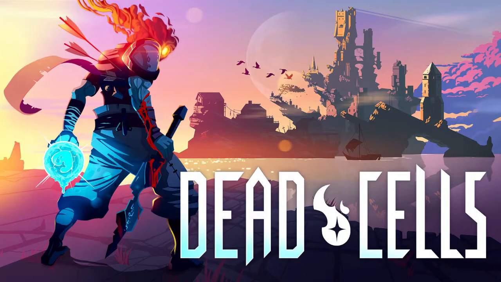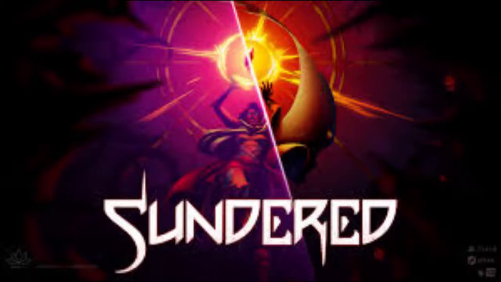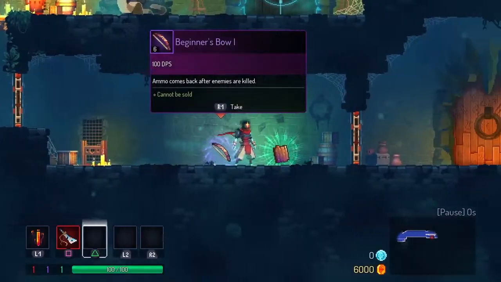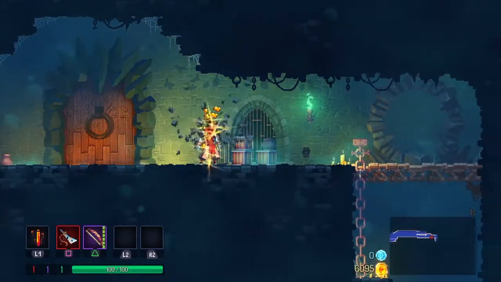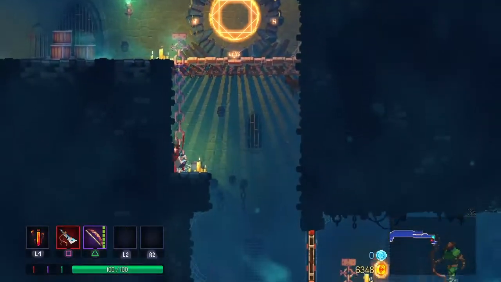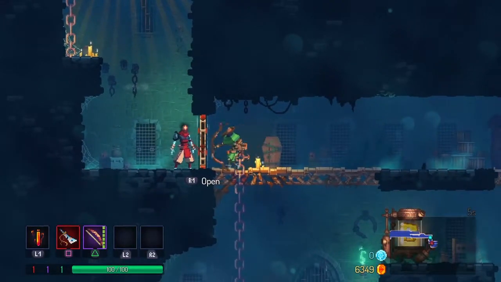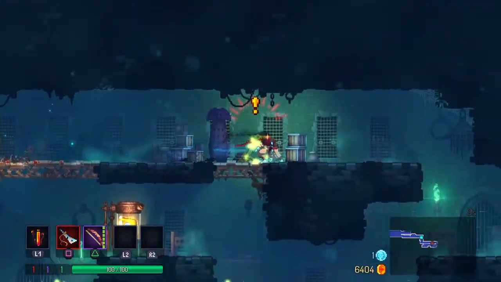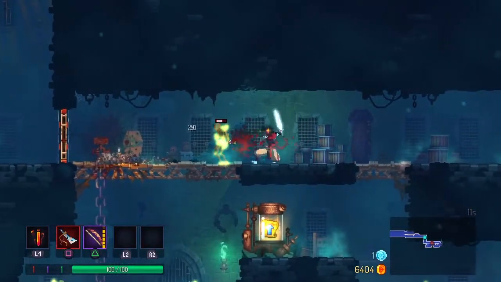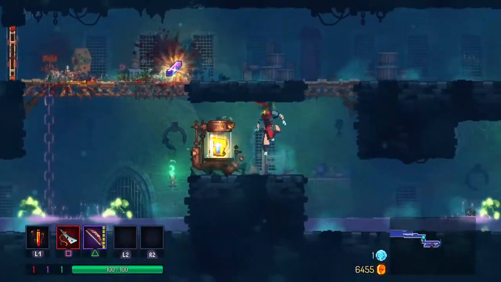And those games are Dead Cells and Sundered. Dead Cells is fundamentally a run-based roguelike game in the same vein as Binding of Isaac or Enter the Gungeon, but applied to a 2D side-scrolling platformer and given Metroidvania elements, such as the gradual acquisition of abilities that allow you to access new areas. Sundered is a Metroidvania game from the people behind Jotun, which you can probably tell just by looking at it.